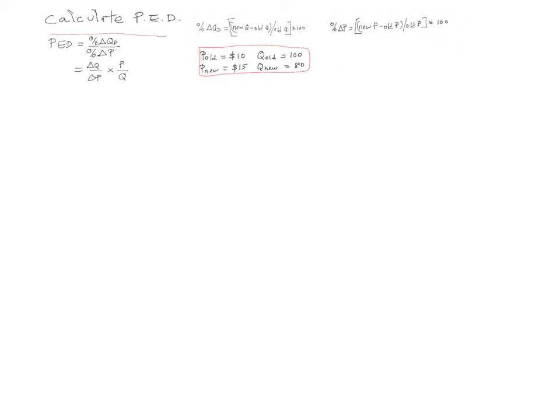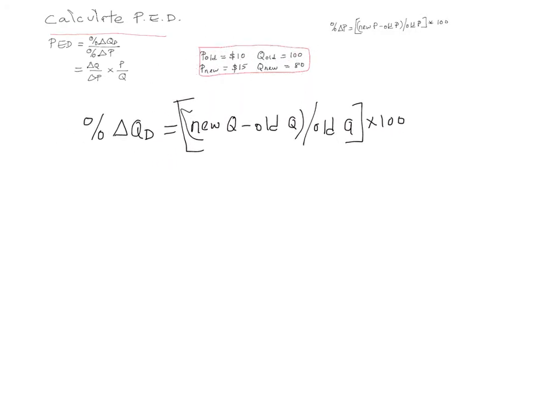The first one we're going to do is this formula, using our information on quantity, the old quantity of 100 and the new quantity of 80.